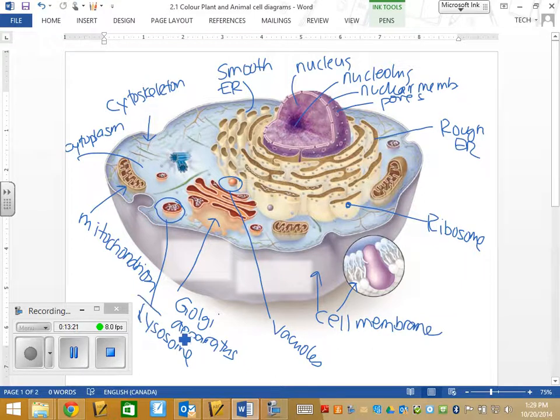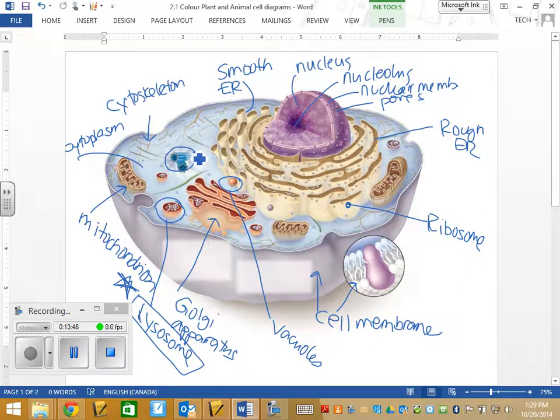This is different. This is new. Animal cells have many of these, whereas a plant cell has few or none, because this organelle is for digestion. Plants do not need to digest because they're making their own food, but animal cells need to take food that they've ingested from some other source and digest it.